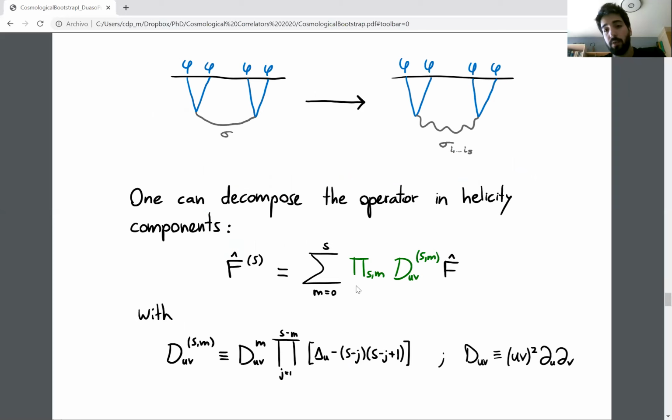And it is a sum of this product between these functions pi, which we call polarization sums, and these functions encode the angular dependence, and the differential operators that are acting on the seed. And these differential operators are actually not difficult to write. They are these objects here.